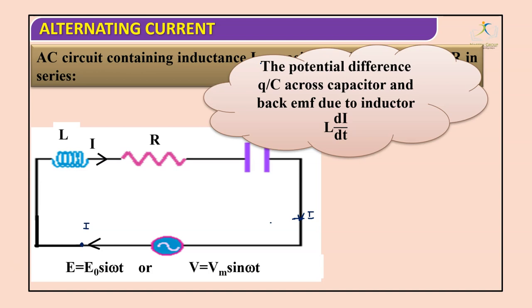The potential difference across the capacitor is Q by C and the back EMF due to the inductor is L di by dt. So for the case of an inductor, this will be L di by dt. For the resistor, V equals IR, and for the capacitor, this will be Q by C.